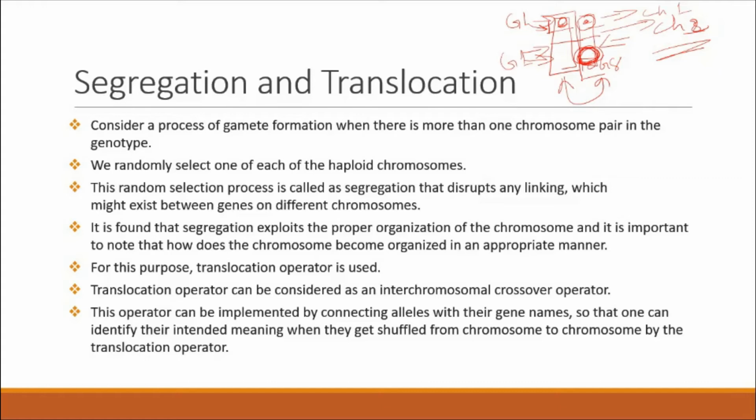In the case of the translocation operator, each allele is connected with its corresponding gene name, and whenever there is a shuffling of these genes, the corresponding gene name can determine in which position this particular gene is to be placed.